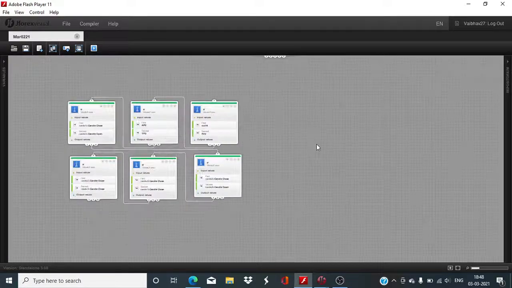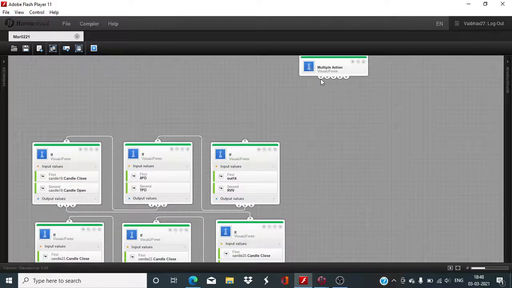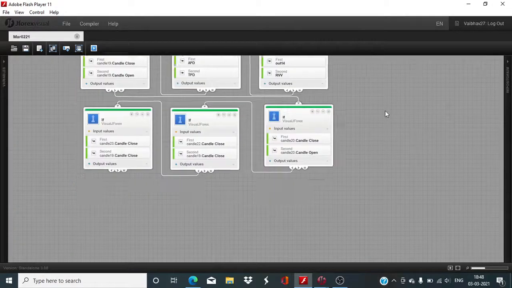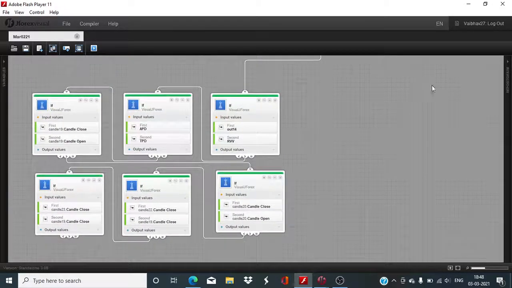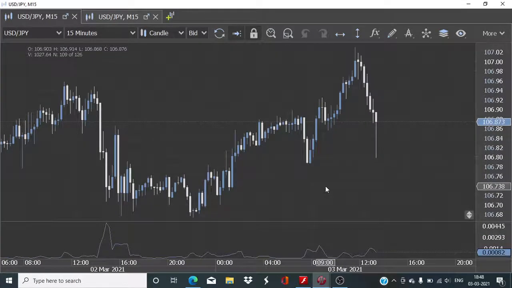Now we need to bring in the order execution block, and here we can define the entry point both ways. Either we can go for the market open. In that case, the order will be executed as and when the price moves sharply, directly at the opening price.